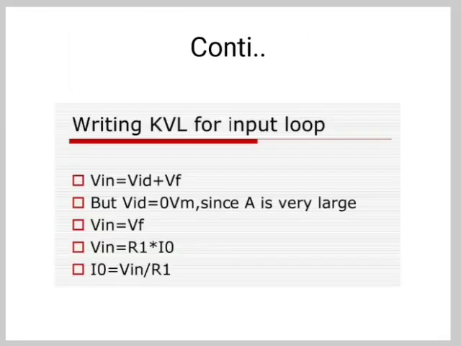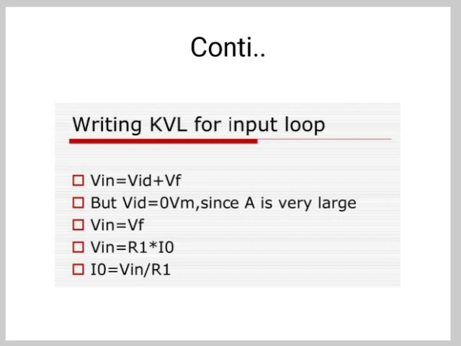Now next, writing KVL, that is Kirchhoff's voltage law, for the input loop. So voltage Vin is equal to VID plus VF. But what is VID? It is 0 since A is very large. So Vin becomes equal to VF, that is equal to R1 into I0.